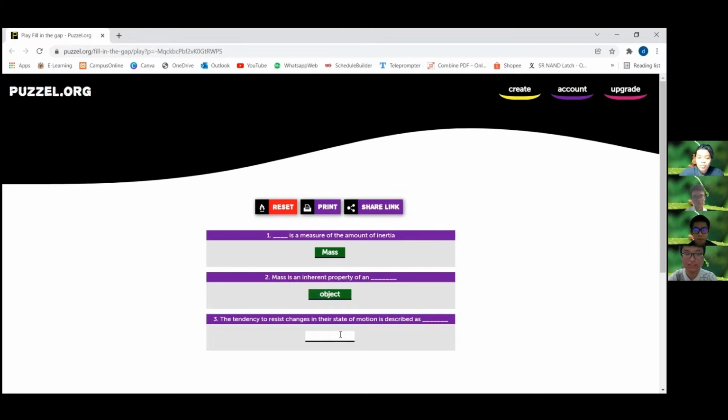All right, we move to the last question for this game. The tendency to resist changes in the state of motion is described as inertia. Good one. Excellent. Exactly, it's inertia. Well done, Alex. Okay, now we move back to the slides.